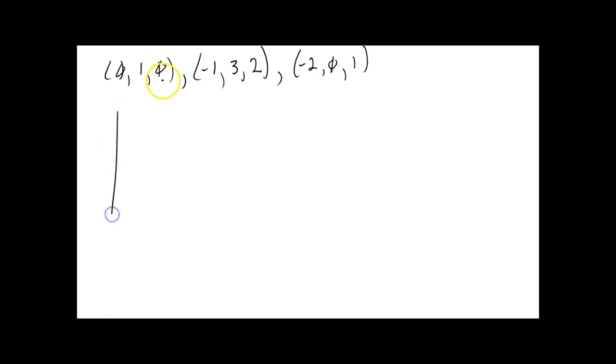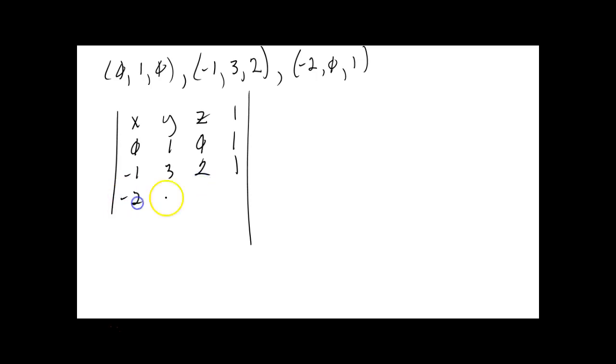Well, we'll set up our determinant here, and the top row is always X, Y, Z, 1. Okay? The next row would be your first point, 0, 1, 0, 1, and -1, 3, 2, 1, -2, 0, 1, 1. Okay, and we want that determinant to be 0 to get an equation of a plane.